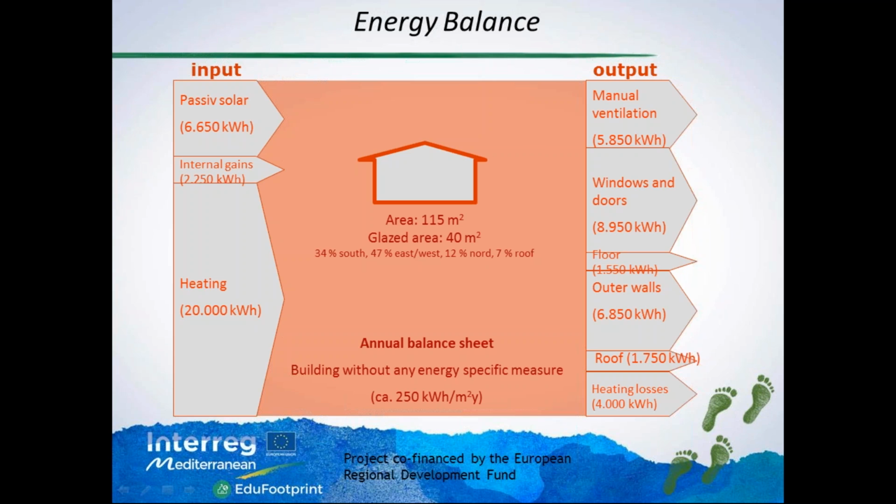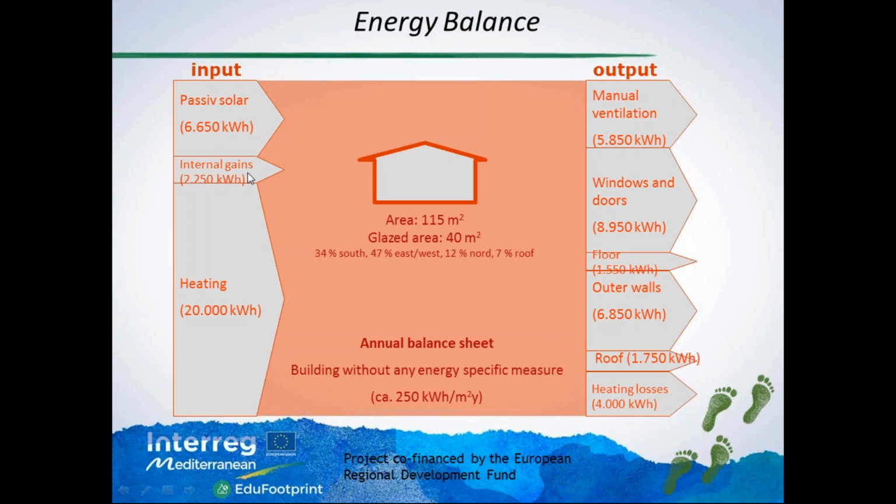And now the energy balance is split in input and output, and at the right side we have all the losses: manual ventilation, losses through windows and doors, losses through floor, through outer walls, through the roof, and heating losses also from the boiler. And at the left side we have all the input.